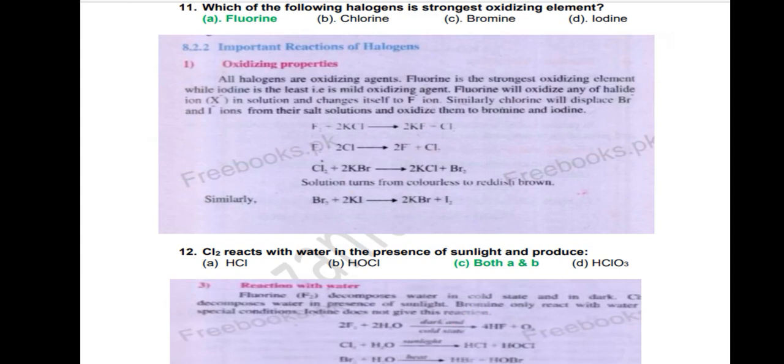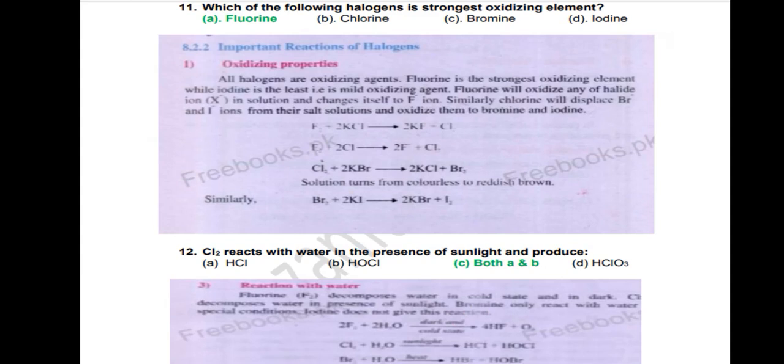Which of the following halogens is the strongest oxidizing element? Fluorine, chlorine, bromine, iodine. Fluorine is the strongest oxidizing agent in its family, because it can oxidize all other halogens. Its electronegativity is maximum, equal to 4.0.